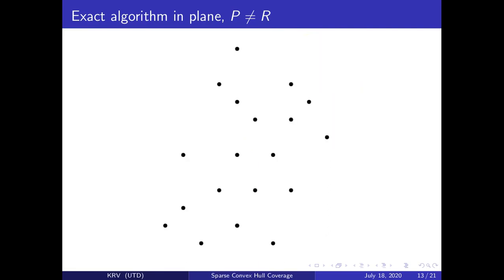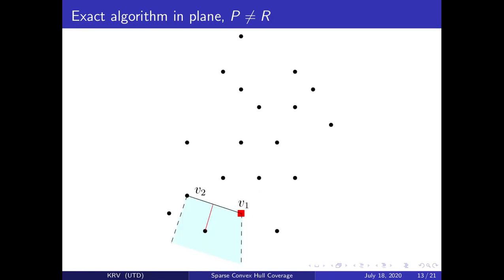So just briefly showing you the idea. This is a point set that we've got. First, we need to guess the lowest point in the optimal solution. Say this red square is our guess. Then we will guess the next vertex, v2, and we see that the cost incurred on this red line here is going to be fixed. It will not change depending on the next vertices that we pick.